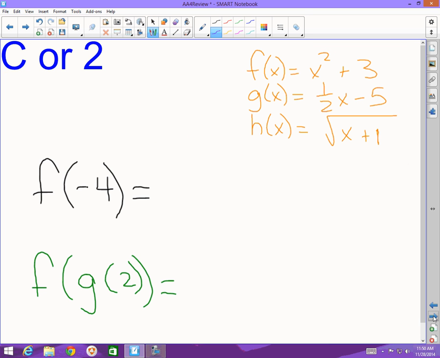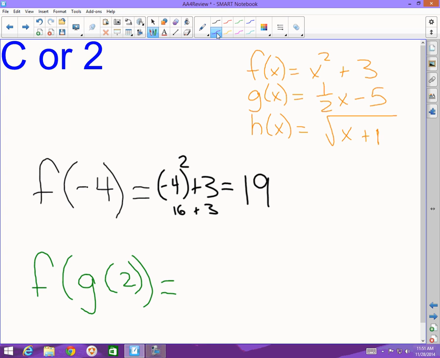All right, then moving on to this, evaluating some functions, and this would go into both parts of the test. So if you have f of a negative 4, you would have a negative 4 squared plus 3, which is equal to 16 plus 3, and that is 19.